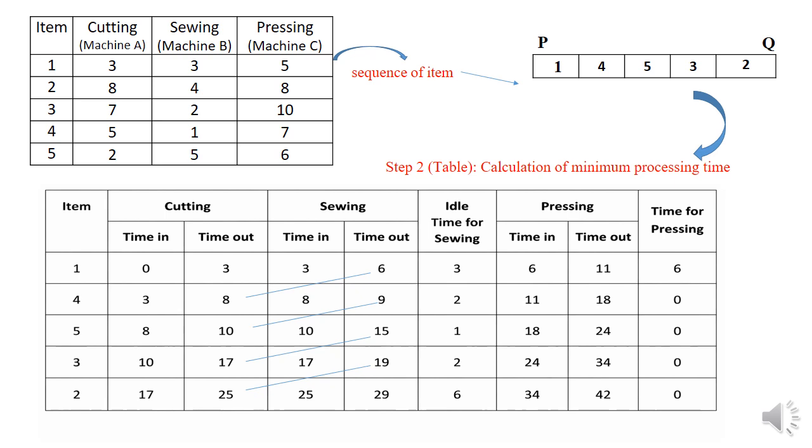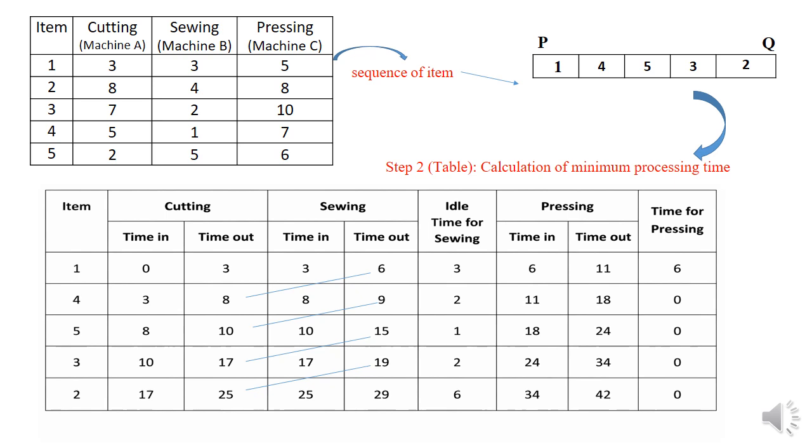Time out of sewing machine will be 15, that means time in plus processing time of item 5 in sewing machine. Now our idle time of sewing machine. The waiting time of sewing machine is 1 for starting this item, because the time out of previous work in sewing machine was 9 and the time in of the present item in the sewing machine is 10.